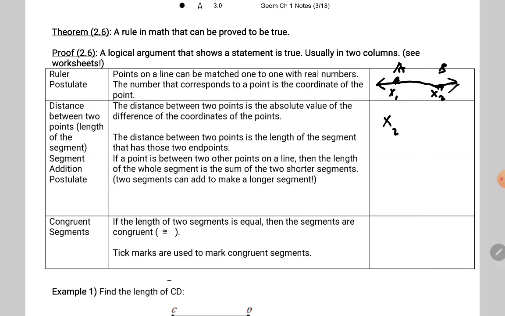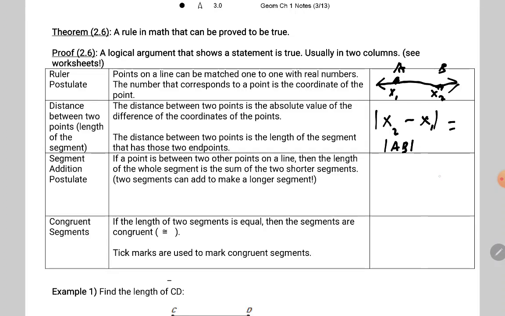Down here, in this case, it means the second coordinate minus the first coordinate. And then we take the absolute value, and that gives us the distance between A, B. Okay. We'll do more examples later.